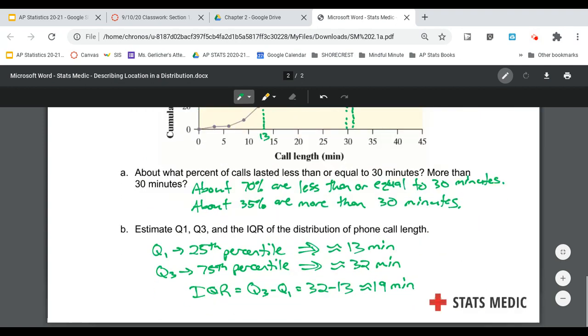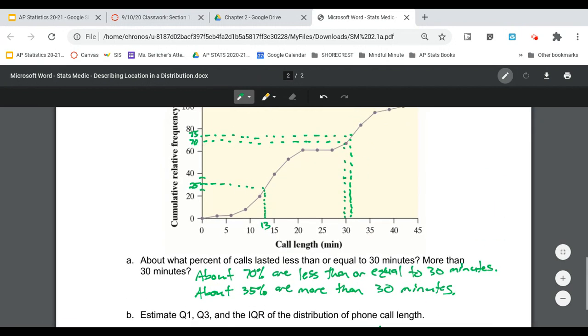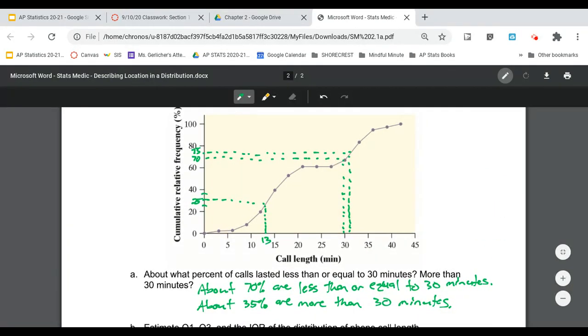Okay. So what percent of calls lasted less than or equal to 30 minutes? So this takes really some tracing on the graph, and you really are estimating. They said about what percent. So that's a hint. We're looking for estimations here. Okay, so 30 minutes, I just had to trace that little guy up and then over to match up 30 minutes with a percentile.